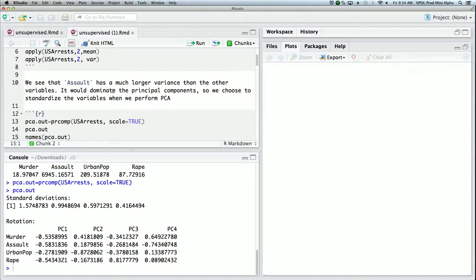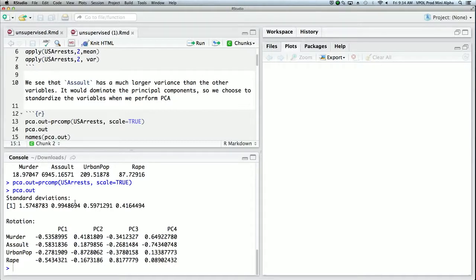The standard deviations are actually the standard deviations of the 4 principal components. There's 4 variables, so we can find 4 uncorrelated principal components. And these standard deviations are always decreasing. You can see the largest is 1.57, then it drops to 0.99, the smallest is 0.41.